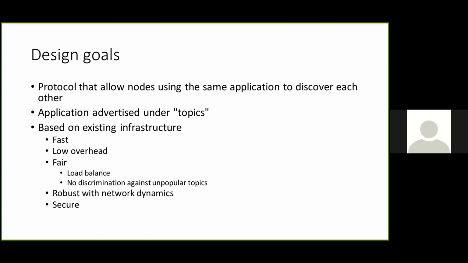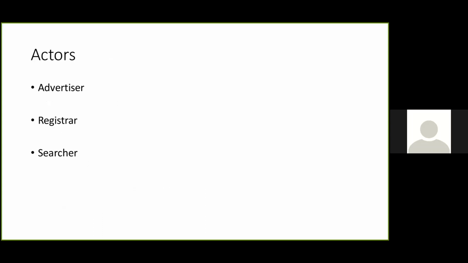This is a decentralized system, so we would like to make it robust with network dynamics. And because the system is fully open, anyone can join and can send any arbitrary traffic to any participant in the network. It must be also secure. I'll talk about security later on as well.